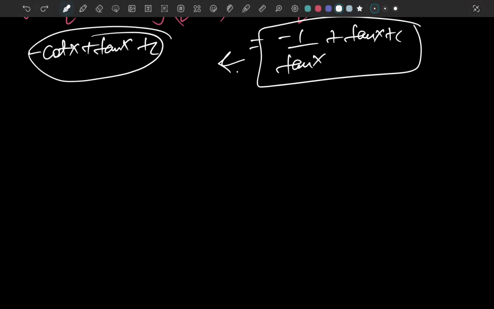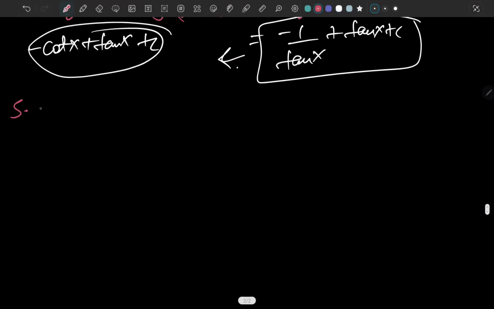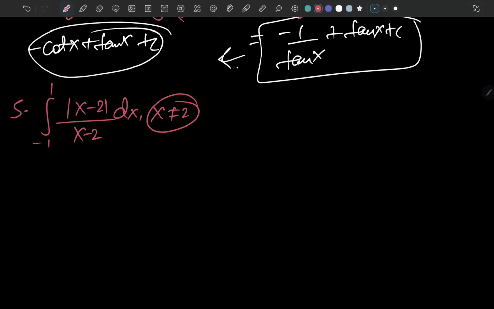Okay, and now our next integral, what was 4, now fifth, is the integral from negative 1 to 1 of the absolute value of x minus 2 over x minus 2 dx. The condition is x is not equal to 2, obviously, to make it possible.